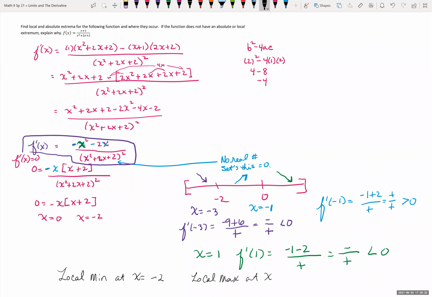Again, thinking about the graph to see about absolute max and absolute mins. If we have something that's decreasing forever until we hit negative 2 and then coming up and then turning back around and decreasing forever, notice that that is not going to have an absolute max or absolute min. So because of the graph, no absolute max or min.